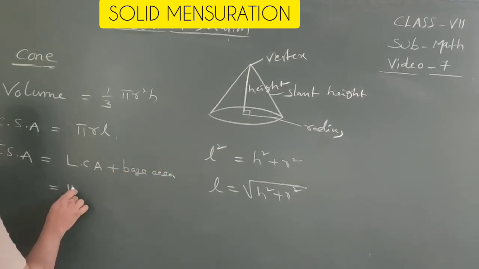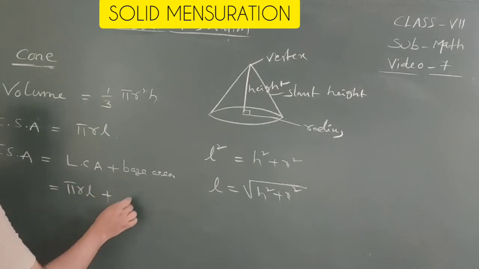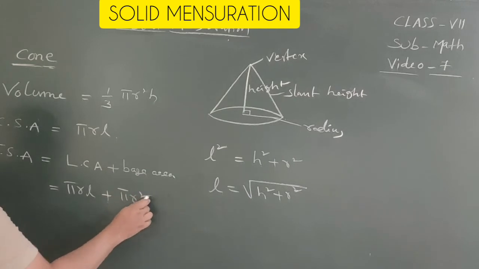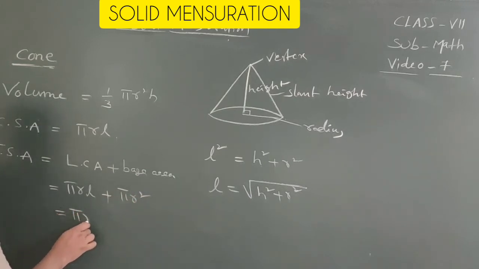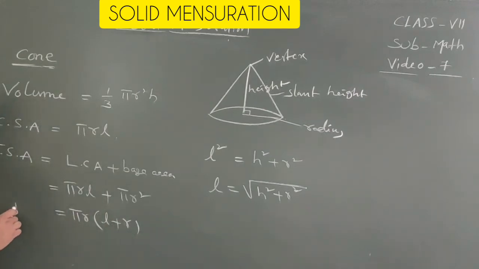That is pi r L plus pi r square, since the base is a circle. Taking pi r common, TSA of a cone is pi r of L plus r.